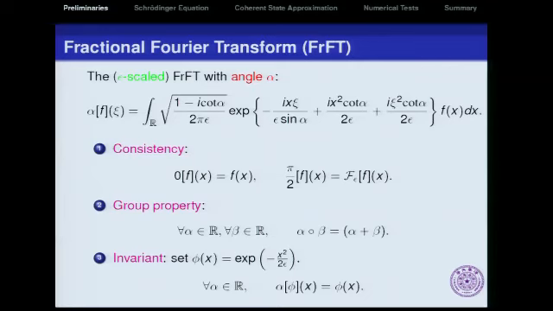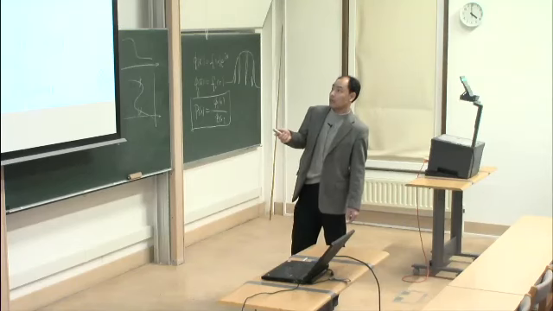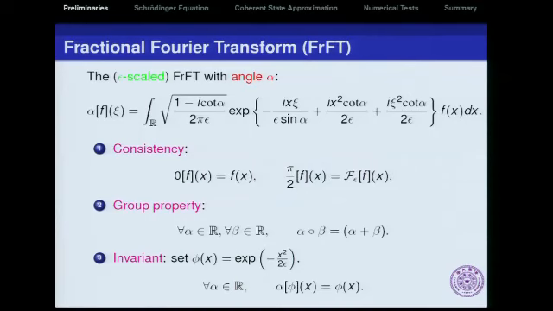Formally it is defined like this. But you may say, when alpha, for example, equals 0, it is singular, right? In this case, you have to understand this formula in the limiting case, and there's no problem.